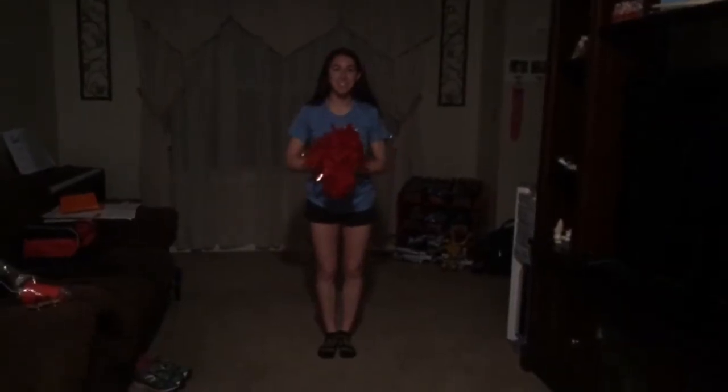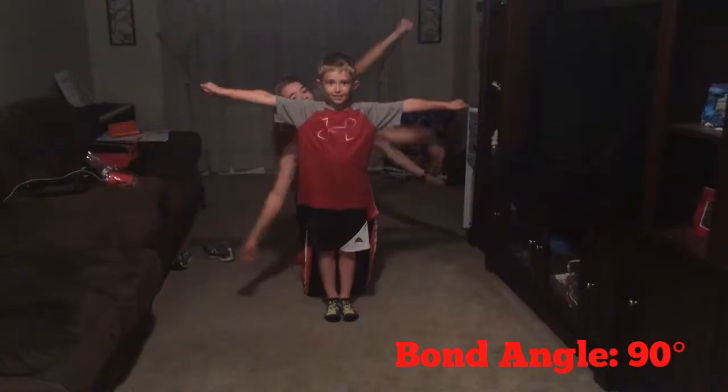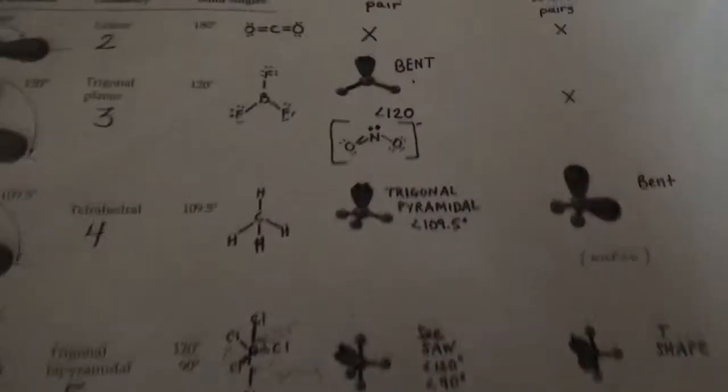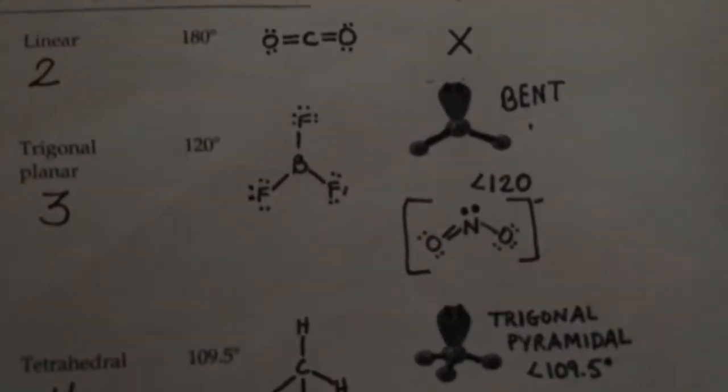Electron domain geometry of 5: trigonal bipyramidal. Electron domain geometry of 6: octahedral.